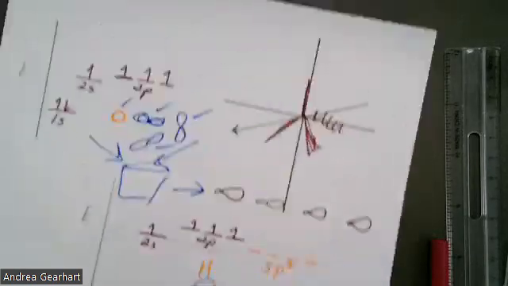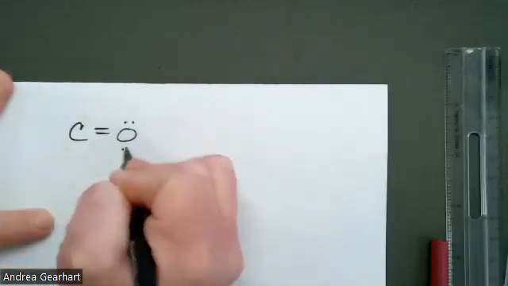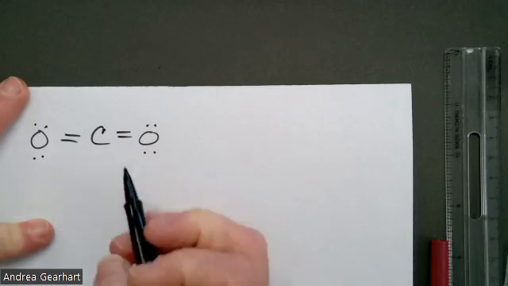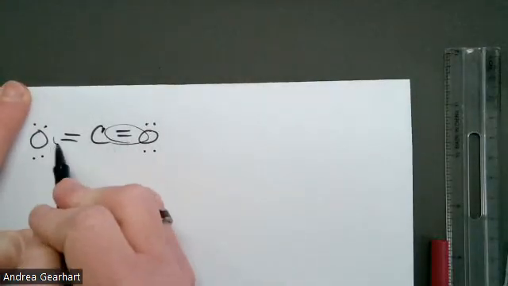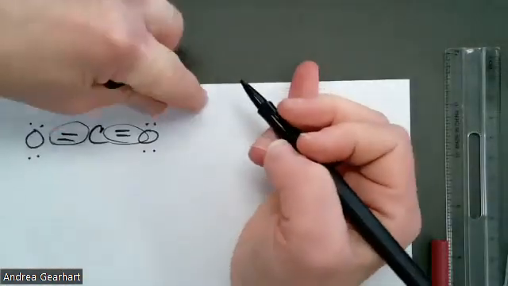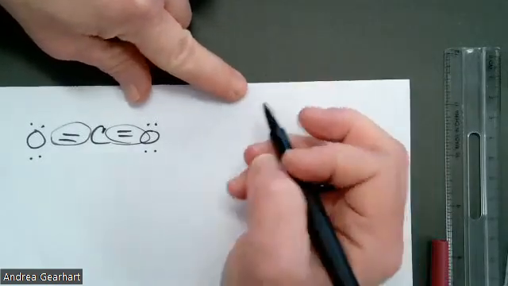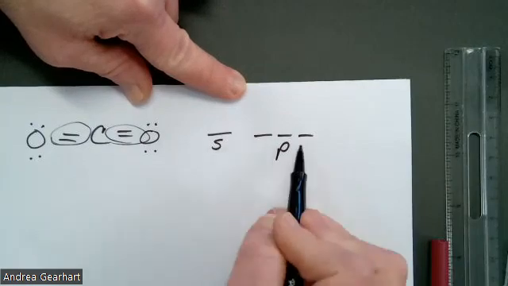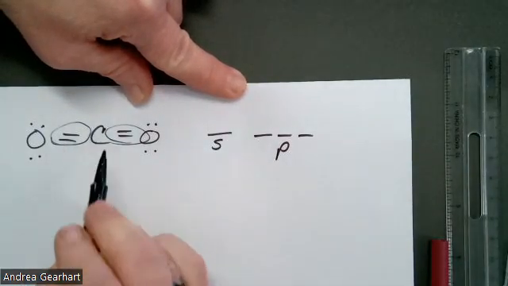What if we were given carbon dioxide and asked, what is the hybridization on the carbon in carbon dioxide? Well, there are 2 areas of bonding, 2 electron regions. We know we are going to be bonding with S and P, the valence. Well, there's only 2.